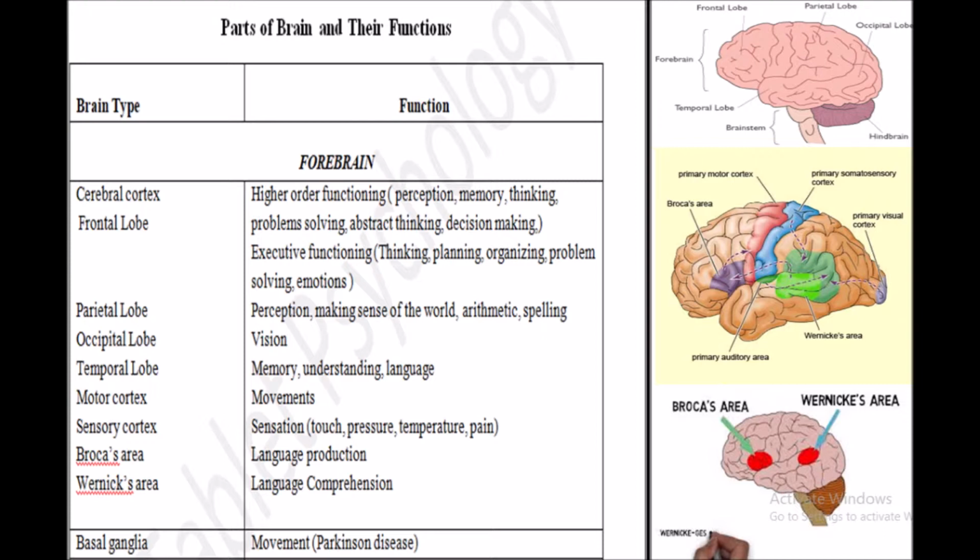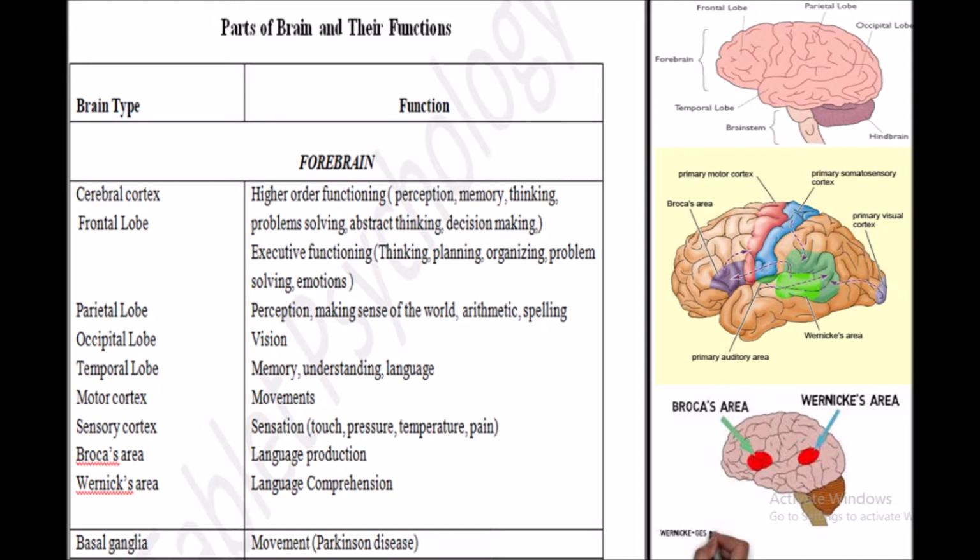After temporal lobe, another area of the brain is motor cortex. Motor cortex is basically adjacent to frontal lobe. In the second picture, you can see the red colored area, that is called primary motor cortex. So motor cortex controls the motor movement of your body.